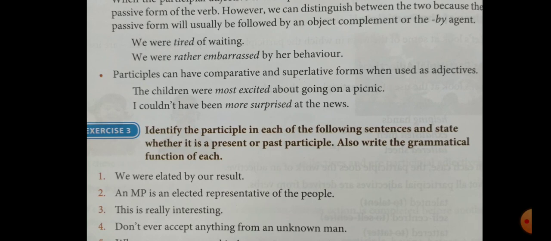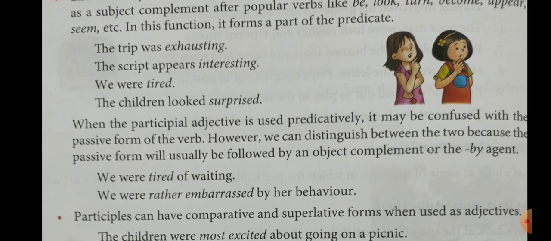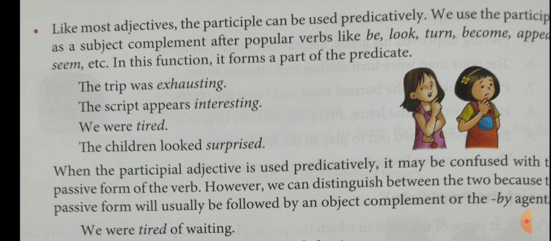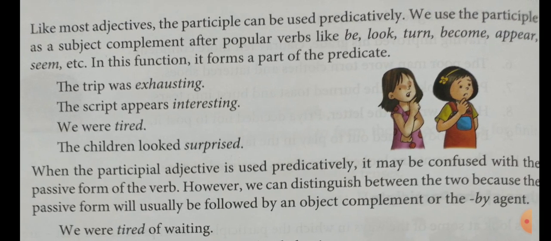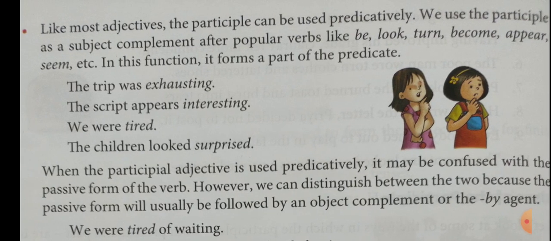Like most adjectives, the participle can be used predicatively. We use the participle as a subject complement after verbs like be, that is the verb to be, look, turn, become, appear, seem, etc. In this function, it forms a part of the predicate of the sentence.